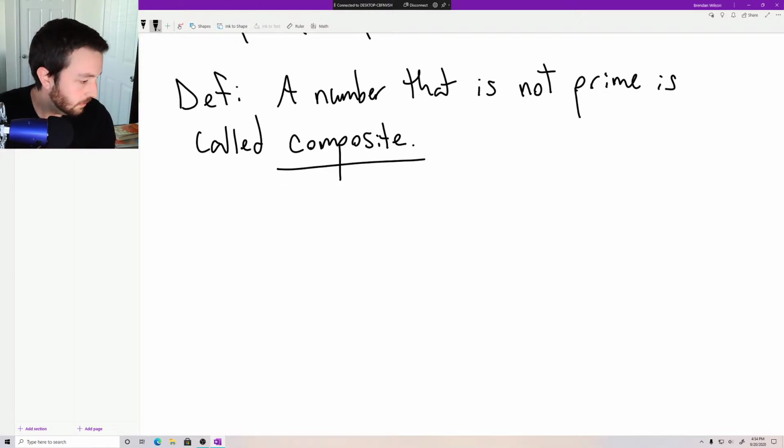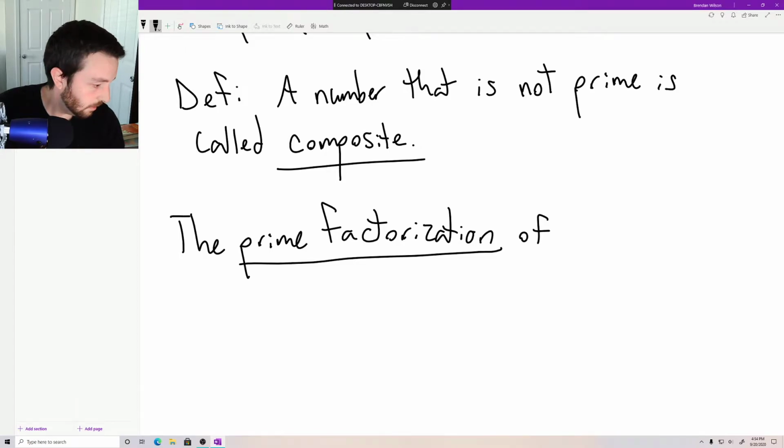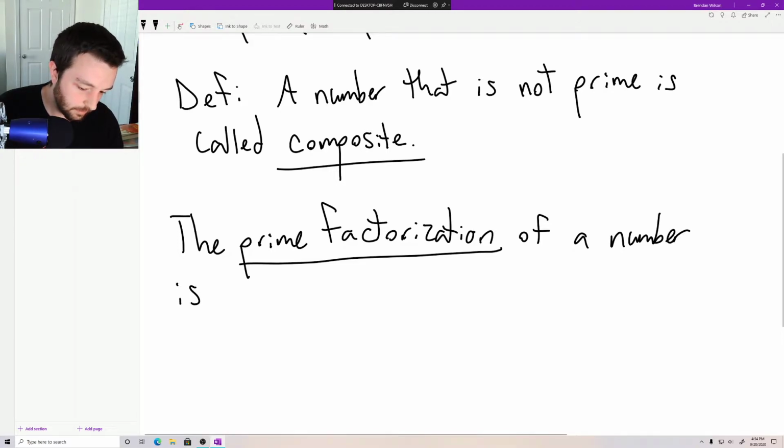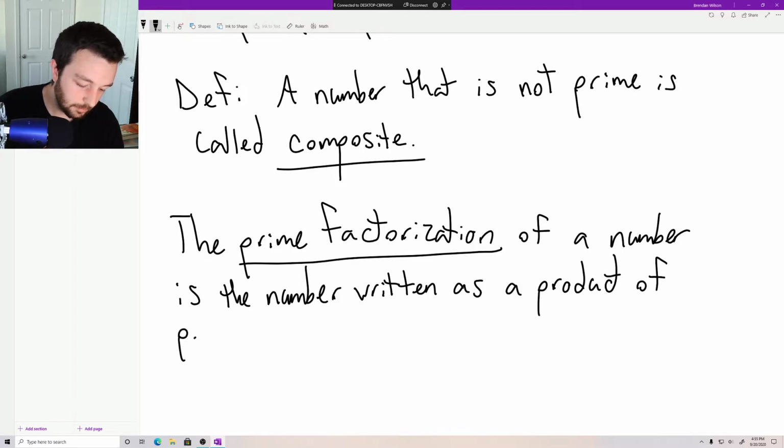Let me see how to word this here. The prime factorization of a number is the number written as a product of prime numbers.